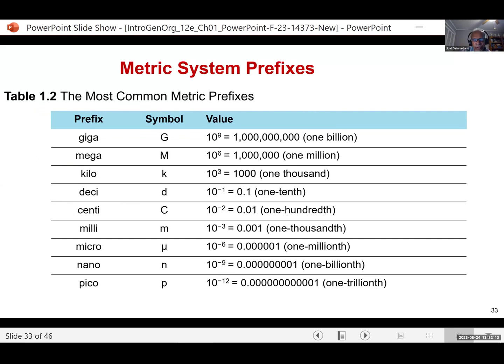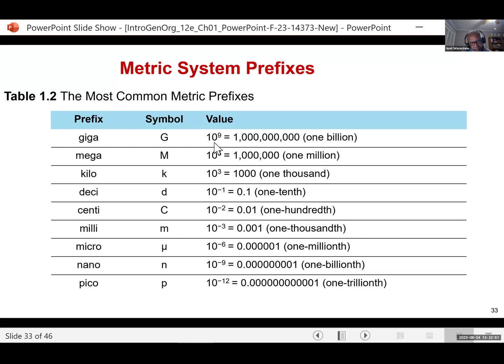Now we're going to talk about unit prefixes. Unit prefixes, like G, big M, kilometers, megameters, gigameters, decimeters, are used to make units larger and smaller. We use exponent values.